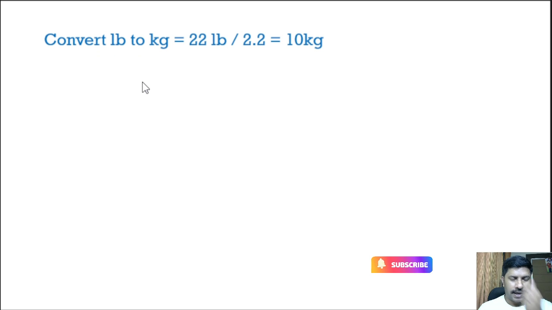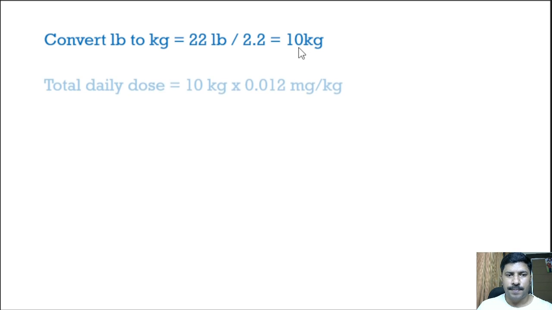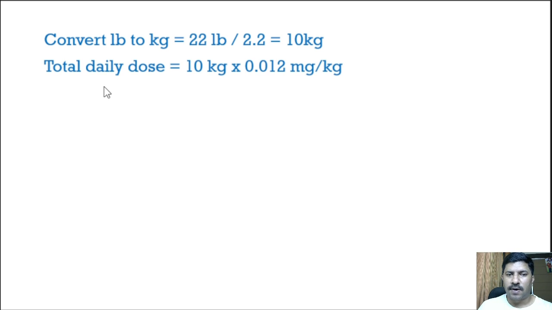I told you the weight is given in pounds, so we need to convert the pound into kilogram. 22 pound divided by 2.2 is equal to 10 kilogram. The child's weight is 10 kilogram. Then we need to find the total daily dose: 10 kilogram multiplied by 0.012 milligram per kg, that is given in the question. Then we get the daily dose of 0.12 milligram per day.